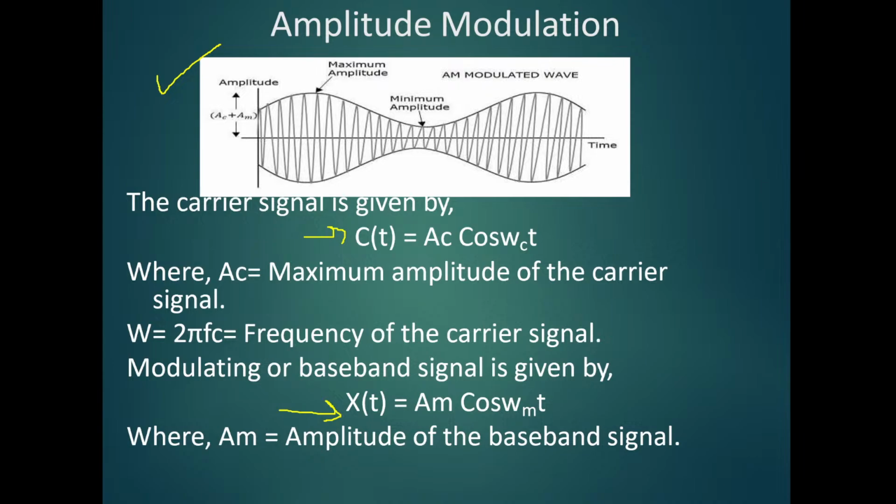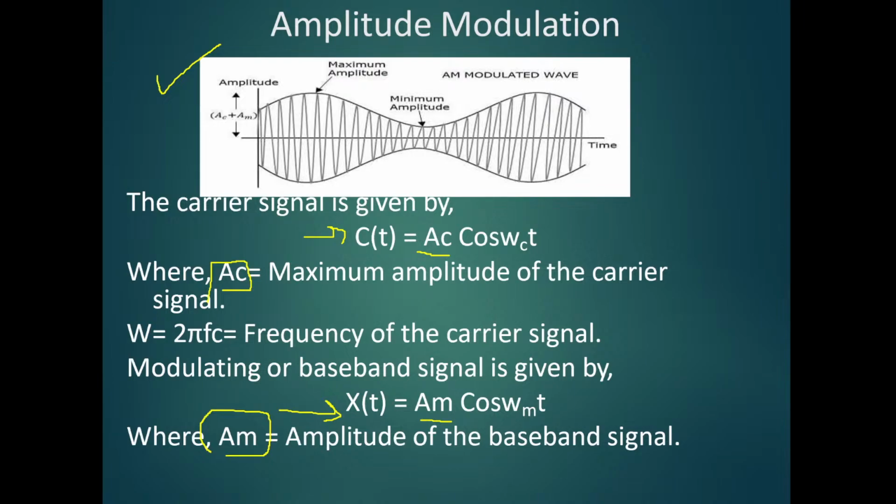The value of c(t), the carrier signal, is Ac cos ωt, and our information signal or baseband signal is Am cos ωm t. Now what is this A? A is nothing but the amplitude. Am is the amplitude of the baseband signal and Ac is the maximum amplitude of the carrier signal, and ω is 2πf. We all know that.